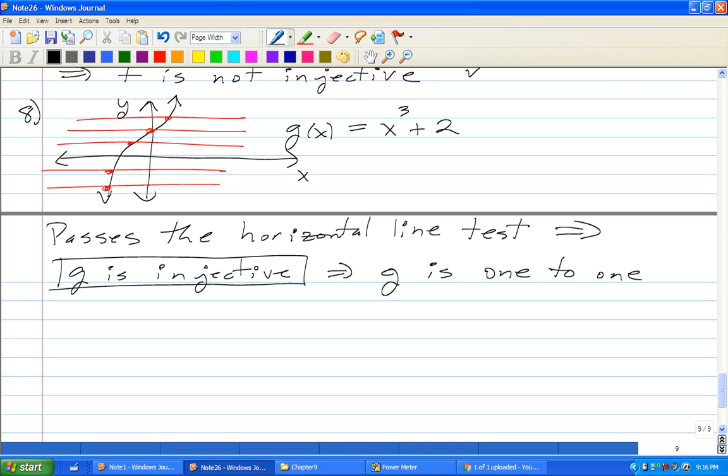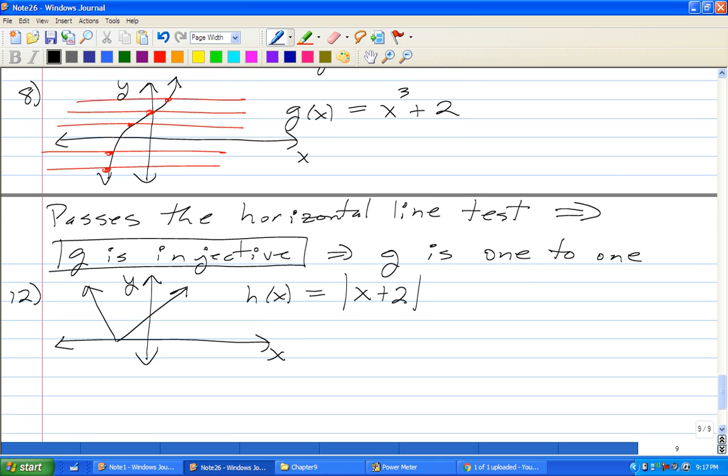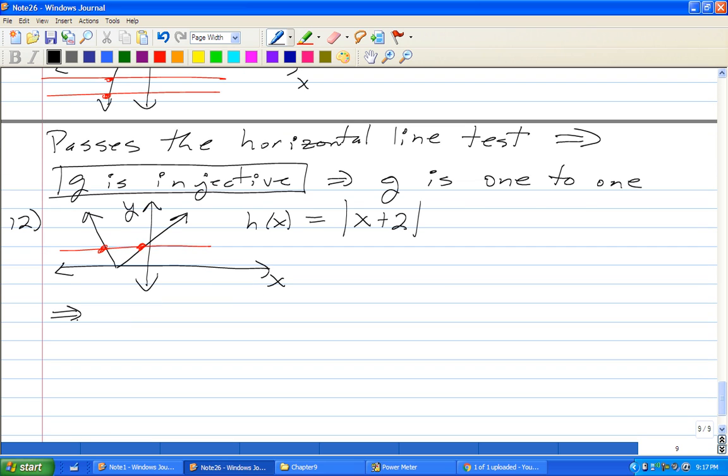Let me do problem number 12. So I have here the following curve. Okay. So h of x is equal to the absolute value of x plus 2. Well, notice that I can find a horizontal line, say this one, that intersects the curve in more than one location. And of course, this curve passes the vertical line test, so it is the graph of a function.